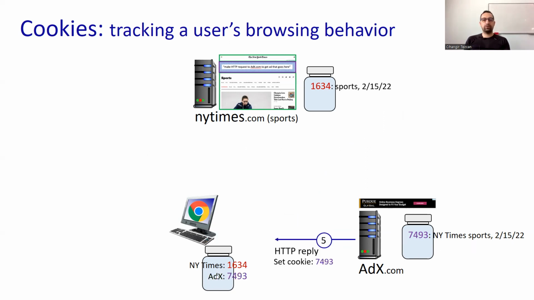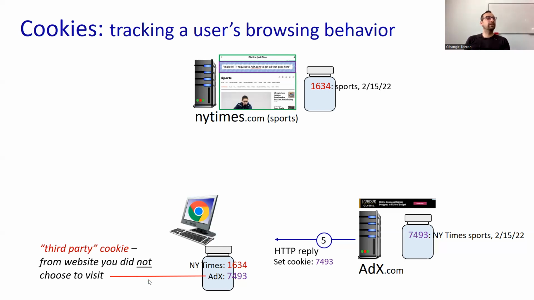Now you created a cookie for this web page. But the thing is, you actually visited New York Times, not this web page, right? But now you have a cookie for that advertisement web page. So the third-party cookie is from a website you did not choose to visit. So here is a very obvious concern, as you can imagine, because you didn't want to visit that web page in the first place.